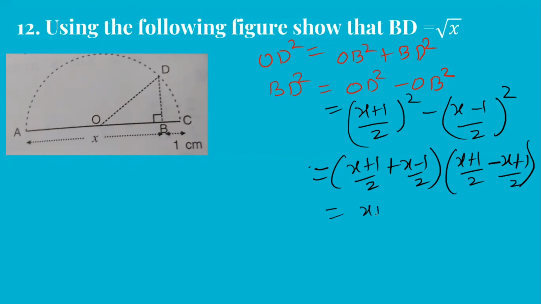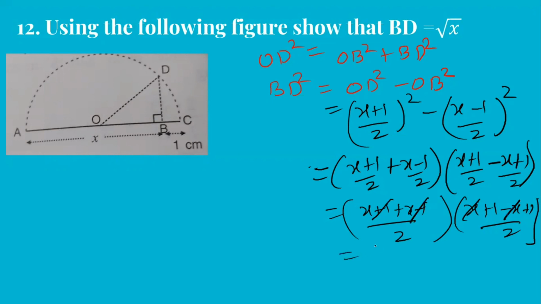So we get x plus 1 plus x minus 1 upon 2 into x plus 1 minus x plus 1 upon 2. So on simplifying this, x minus x got cancelled. Here 1 and minus 1 got cancelled. So we are getting here 2x upon 2, in which 2 and 2 got cancelled. And 1 plus 1, we are getting 2 upon 2, which is going to get 1. So this is how we get here BD square as x.